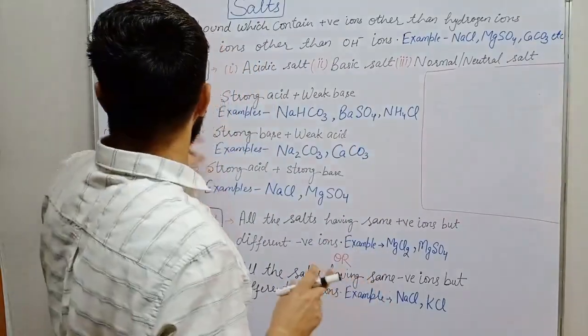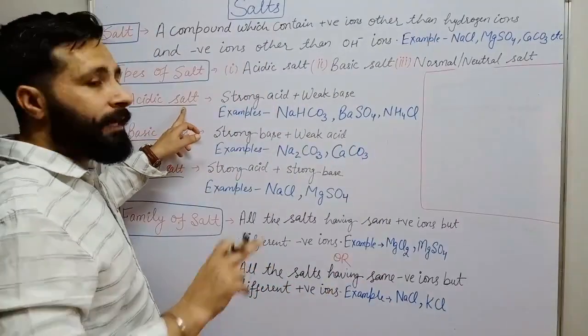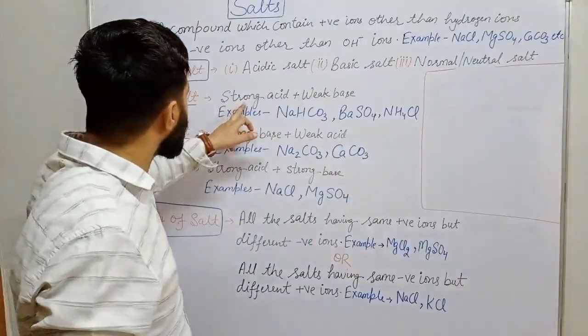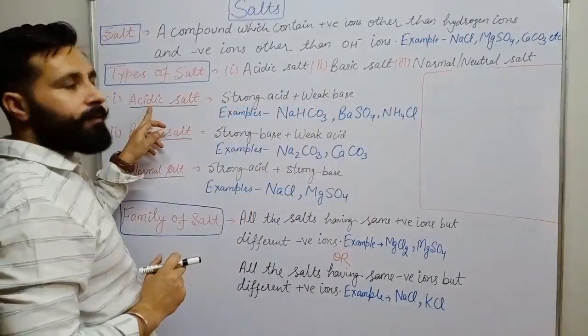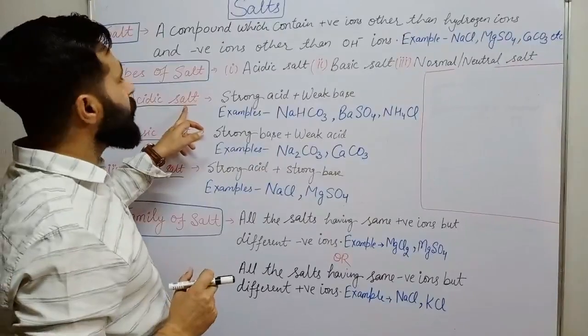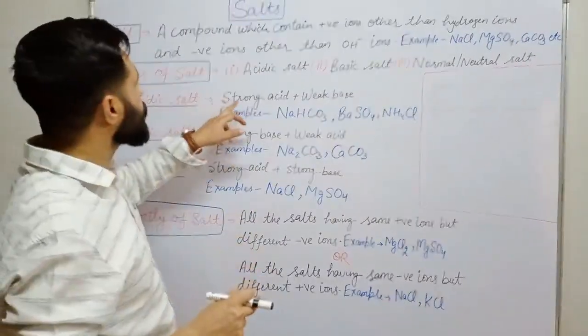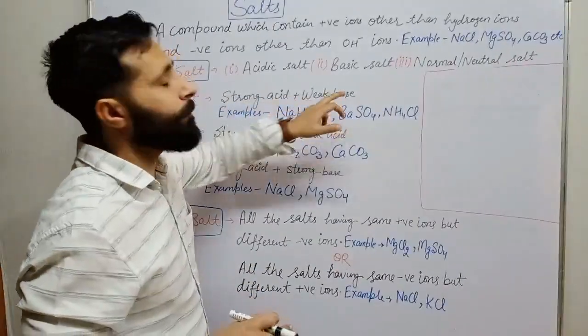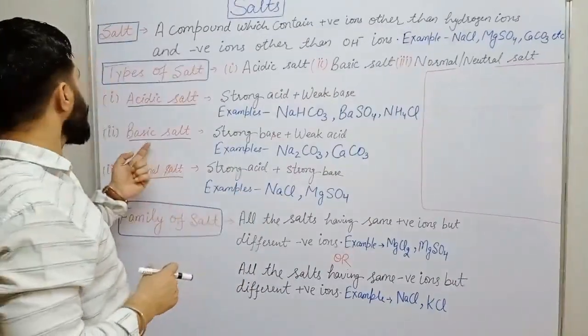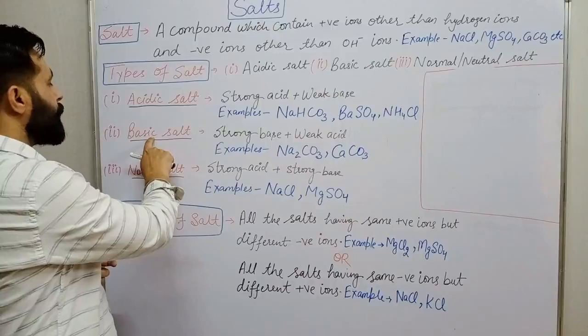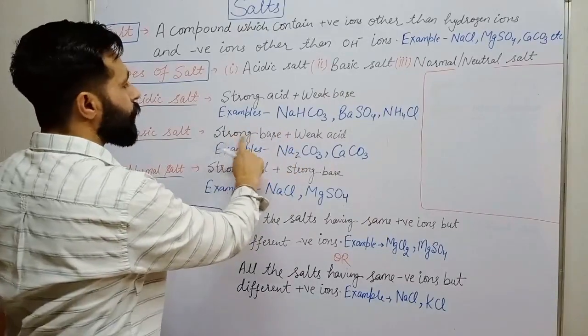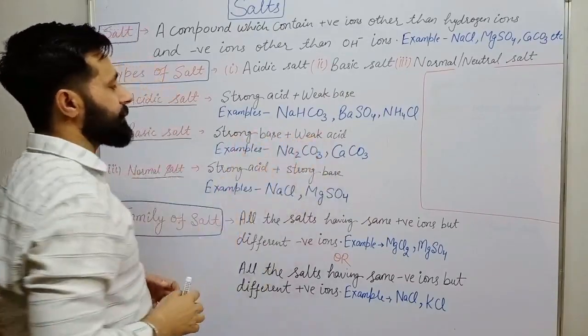So beta, if the salt is acidic, the reaction is between strong acid and weak base. Means those salts which are formed by the reaction of strong acid with weak base. Similarly, if the salt is basic, the base is strong, so strong base and weak acid.